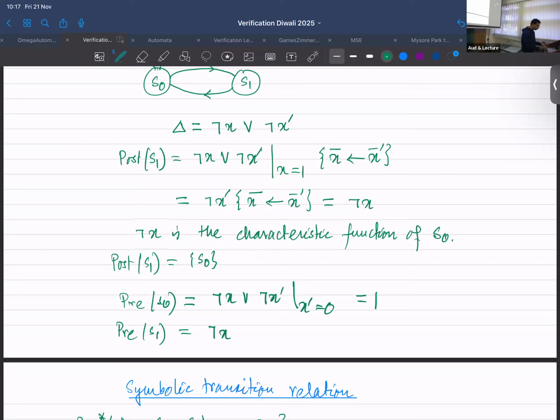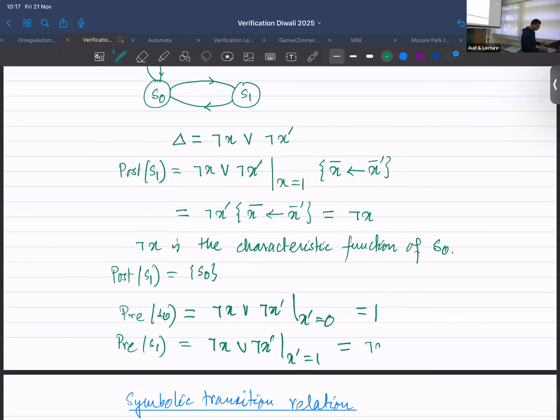Pre of S1, negation of x and negation of x prime, set x prime to 1. And what do you get here? Negation of x, right? So this is like the set corresponds to x equal to 0, and that is S0, right? Pre of S1 is S1. Okay? So you can also compute the pre.